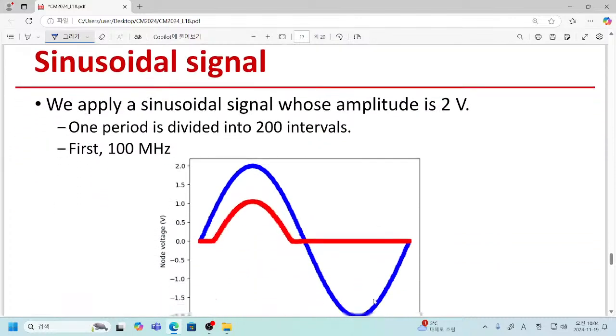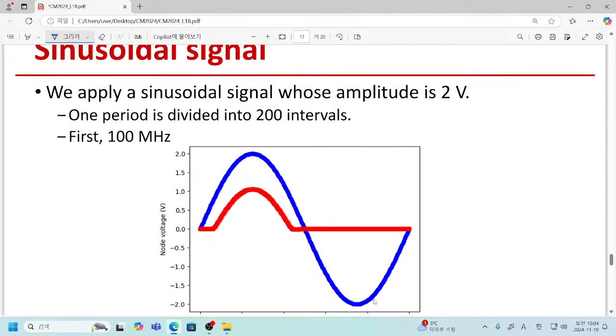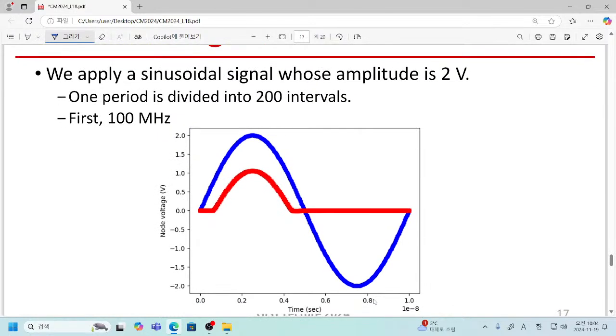Another example is a sinusoidal signal in the same system. Once again, blue is input and red is output. What you can see is, okay, when you apply a sinusoidal signal, then it provides this kind of behavior.